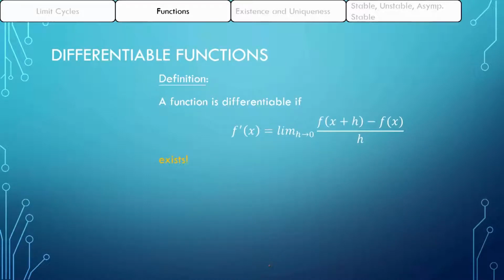What is a differentiable function? A function is differentiable if the derivative of f, which is defined as f of x plus h minus f of x divided by h, where h is a small positive number, and as h approaches 0, has to exist.